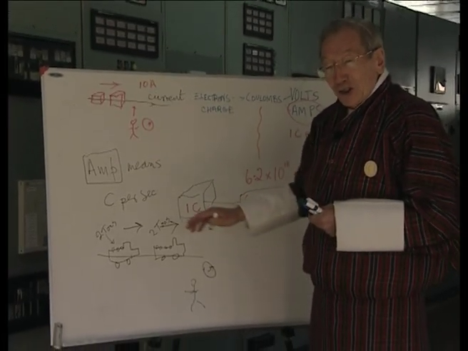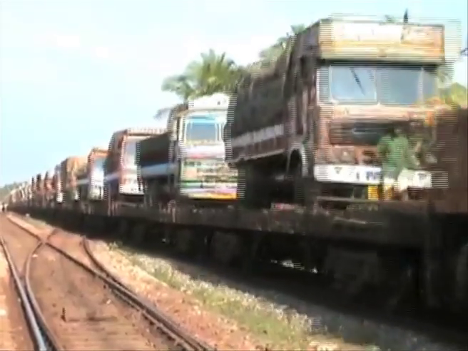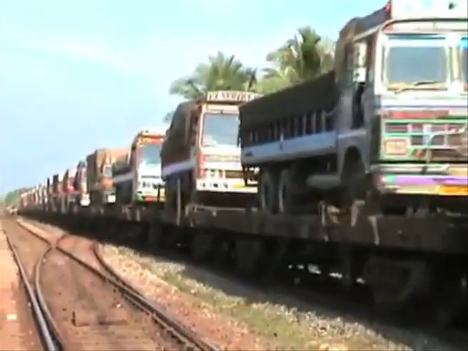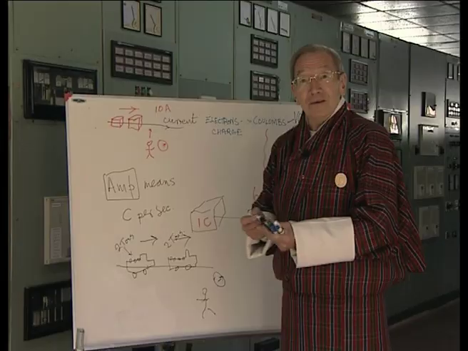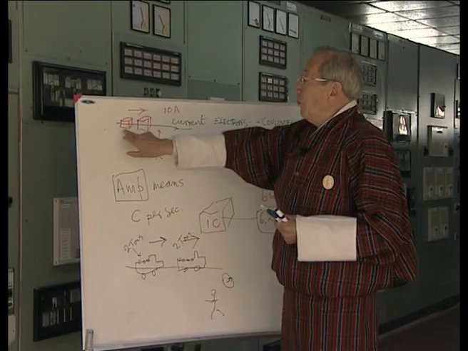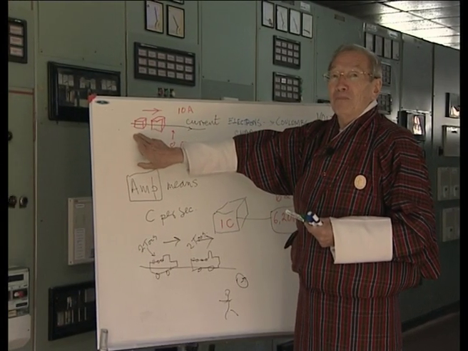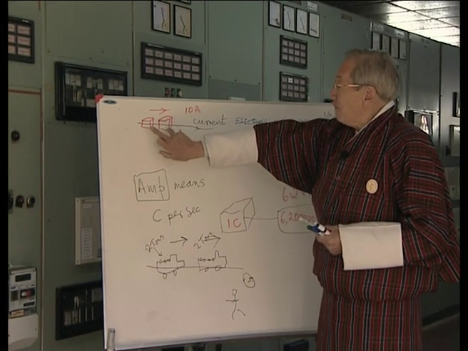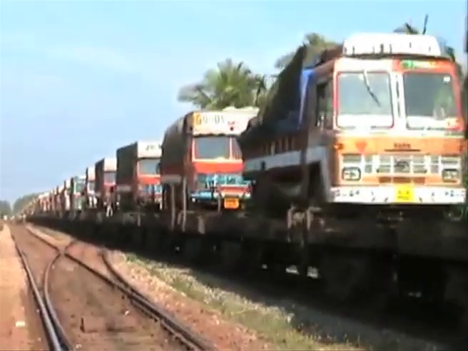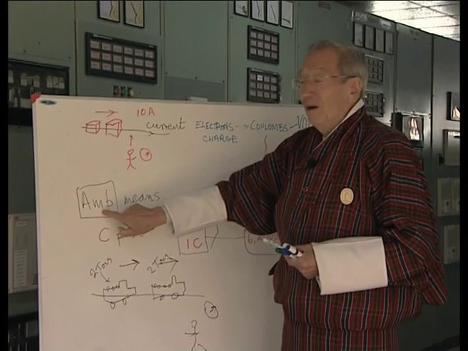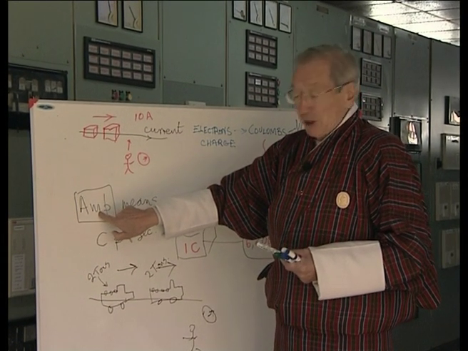If he counts and there are 2 trucks going in 1 second, that's 2 trucks per second. Just as with my Coulomb boxes of charge, if 2 go past in 1 second, that's 2 coulombs per second, which we call 2 amps.